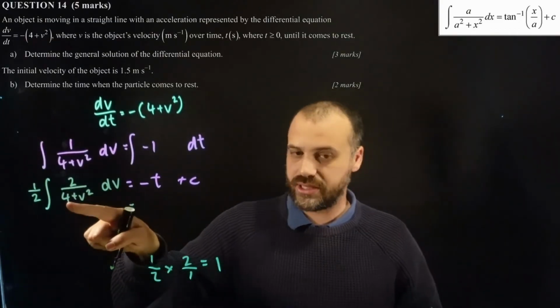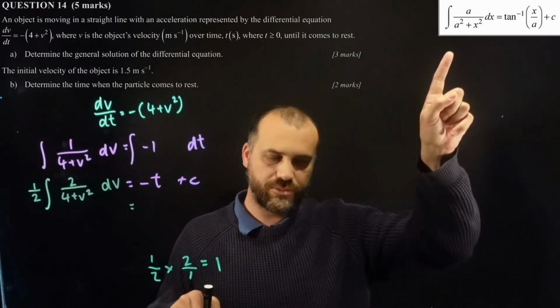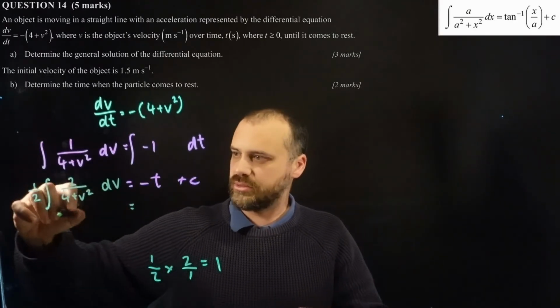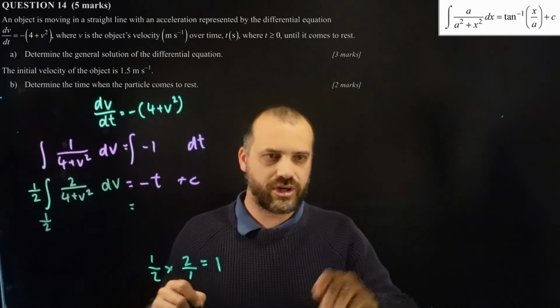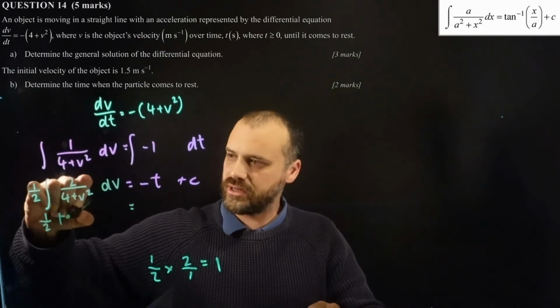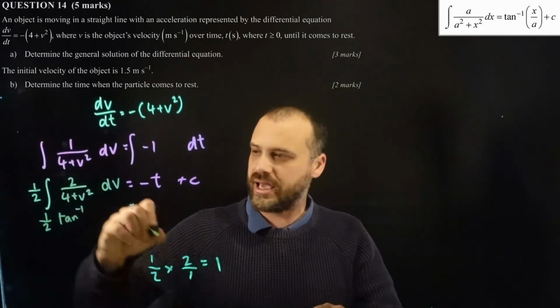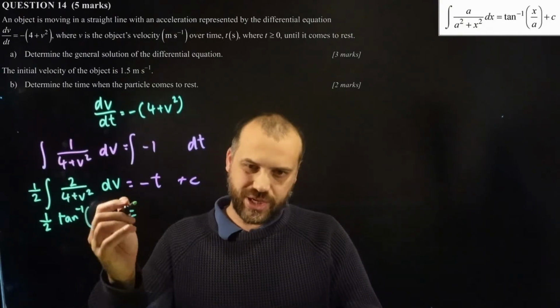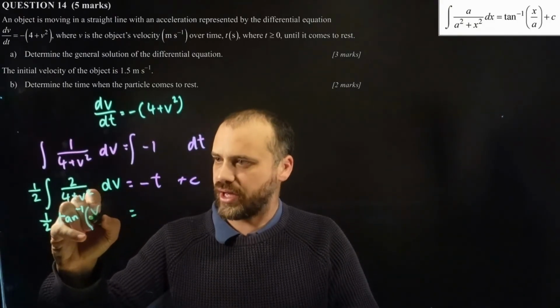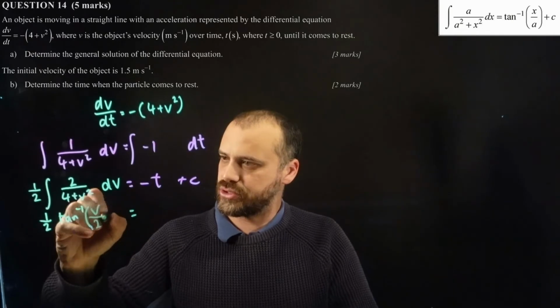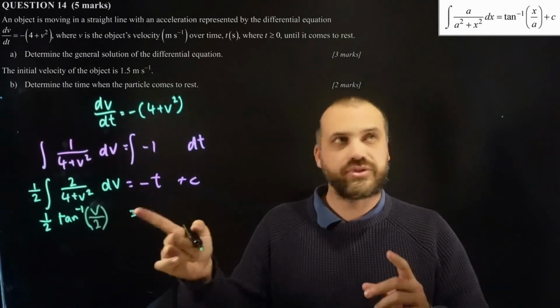And now this perfectly matches this formula. So we can say that it's going to be equal to 1/2 times inverse tan and then x over a. Silly me, not x over a, v over a. And a is 2. Okay, I think we're done there.